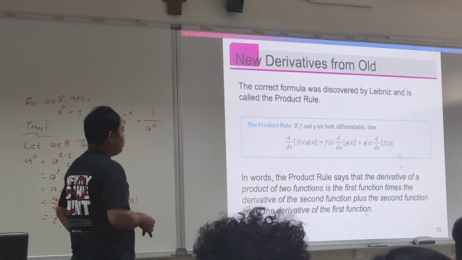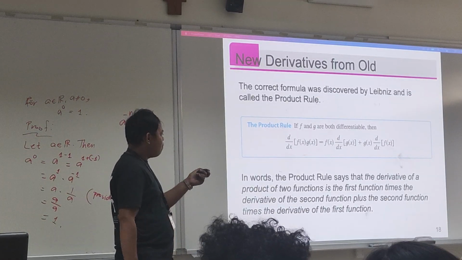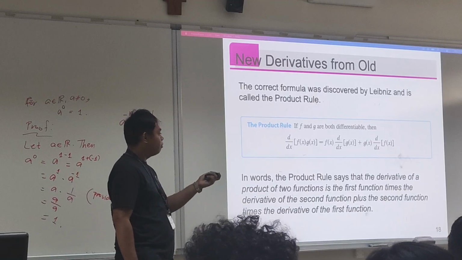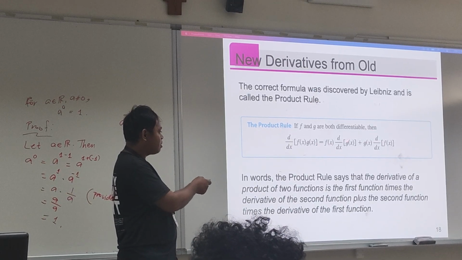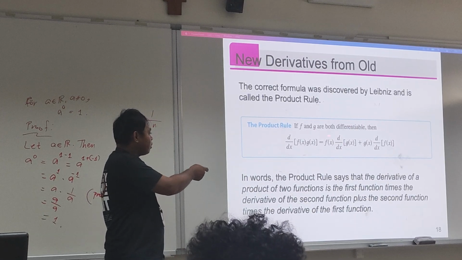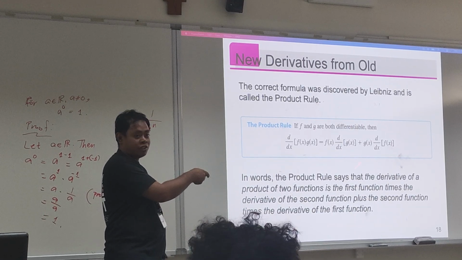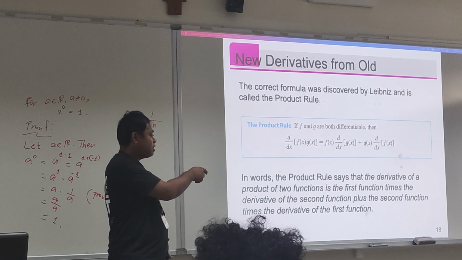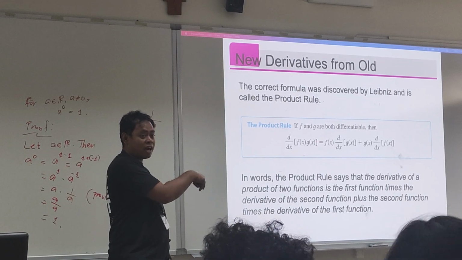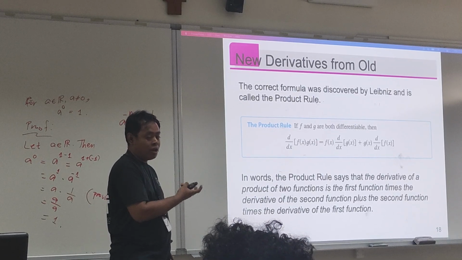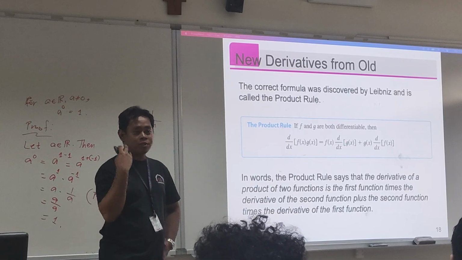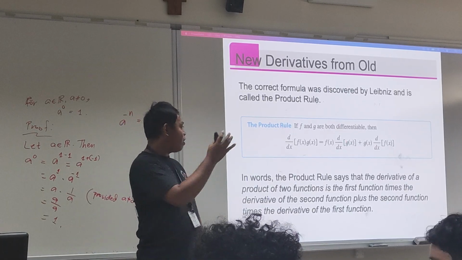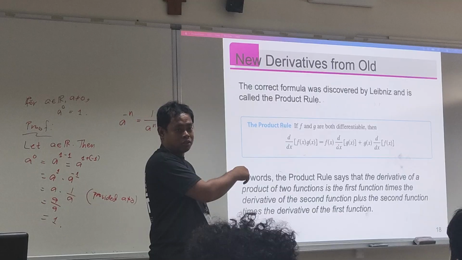But this is the correct formula. For the product rule, if f and g are both differentiable, then the derivative of the product of f and g is this: consider first taking the derivative of your g of x, so as is the f of x. So f of x times the derivative of your second function, plus, since you are not taking the derivative of your second function, as is the second function times the derivative of your first function.